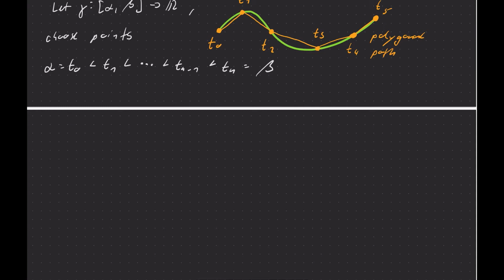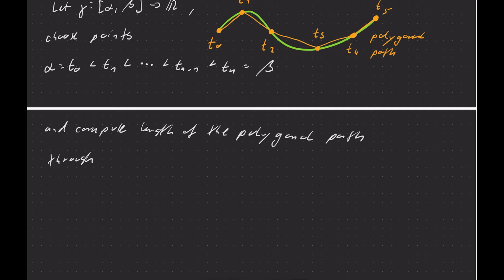And then we can compute the length of the polygonal path associated to that. So that polygonal path then passes through the points gamma of t0, gamma of t1, and so on, up to gamma of tn.